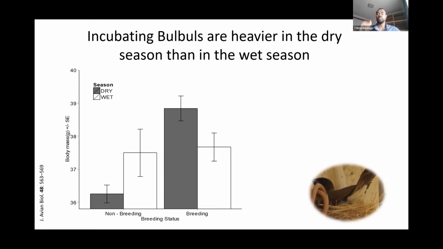But more importantly, it tells us that the birds need to use the best time in the environment to prepare and be in good condition, to be able to deal with conditions in both the wet and the dry season.